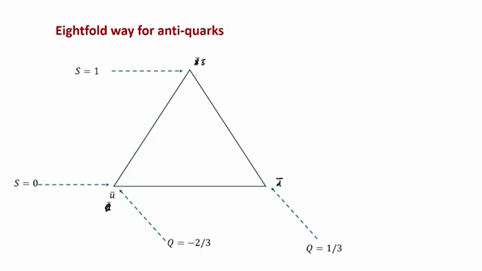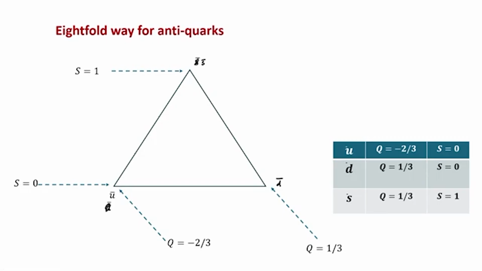Once again, the s bar and the d bar have a charge Q equal to 1/3, and the u bar has a charge of -2/3. Again, the strangeness number for the s bar is S equal to 1, and for the u bar and d bar, the strangeness number is equal to 0.